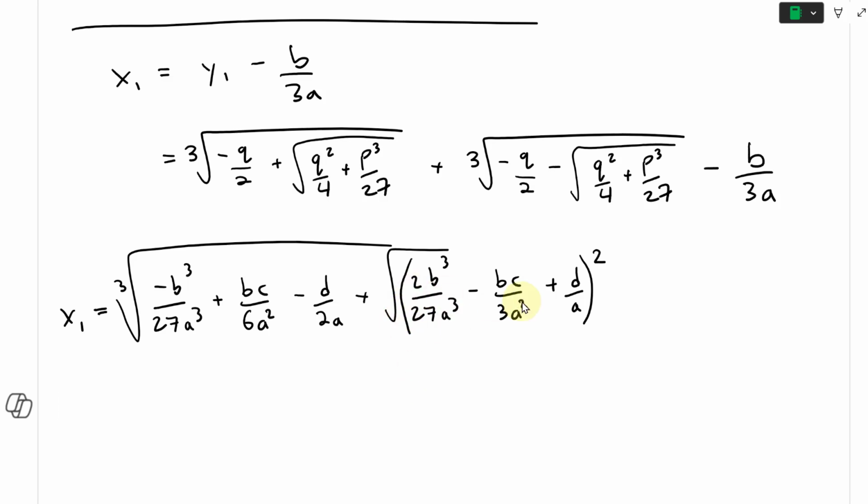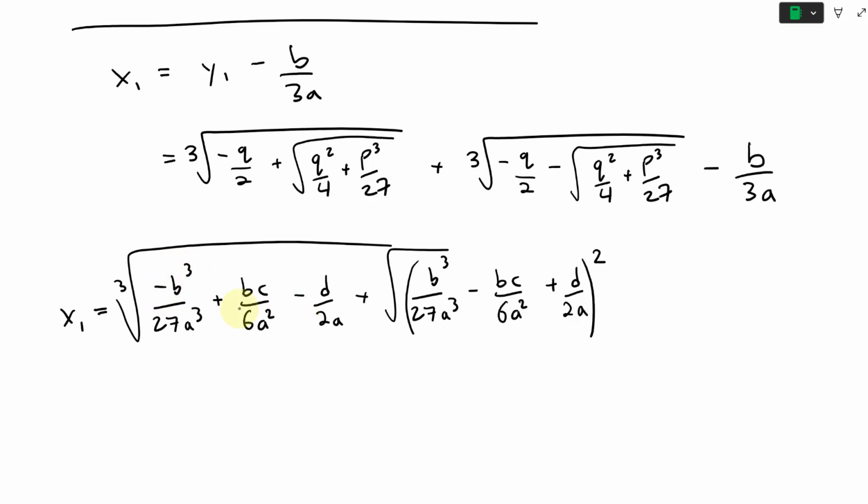It will cancel all the 2's. This will be a 6, and this will be 2a. So in other words, we have the exact same thing here, this is exactly the same as this one. Let's fix these all up.